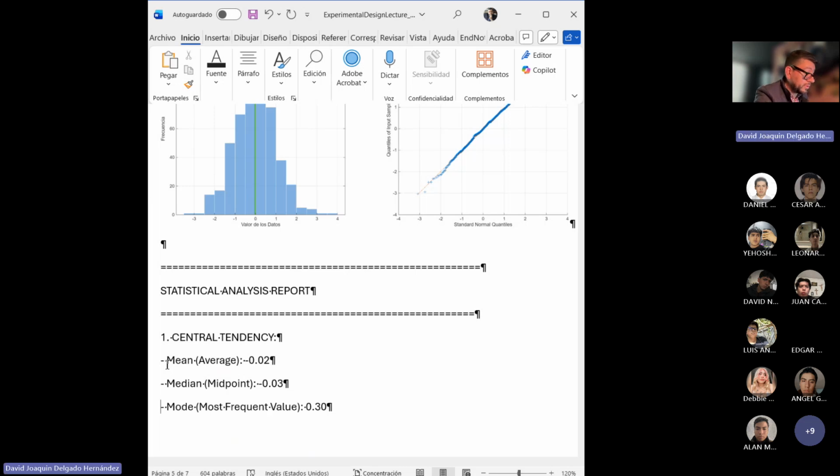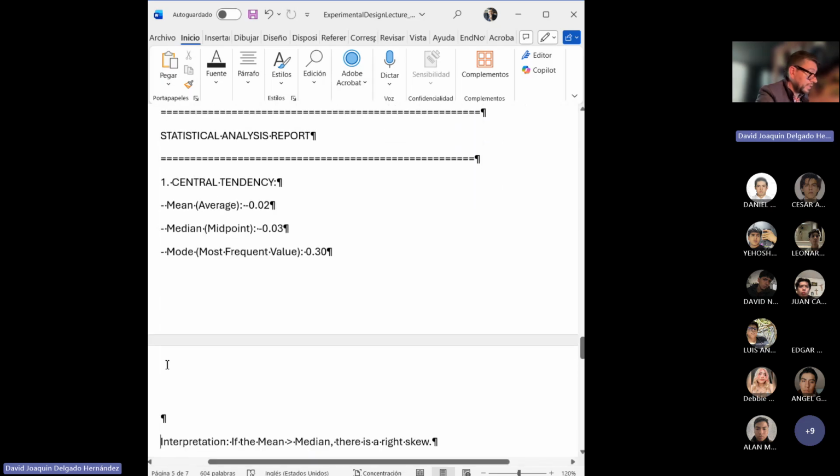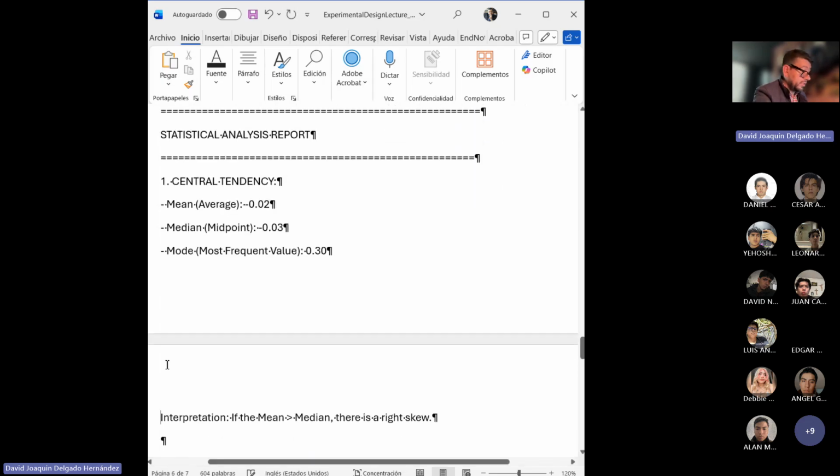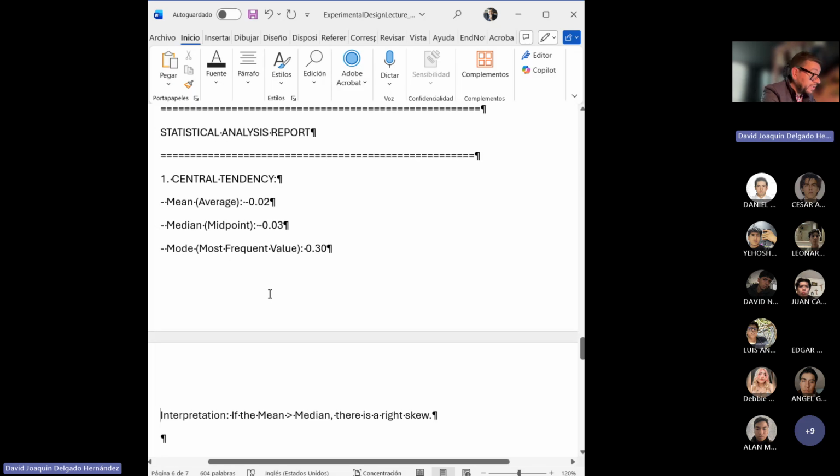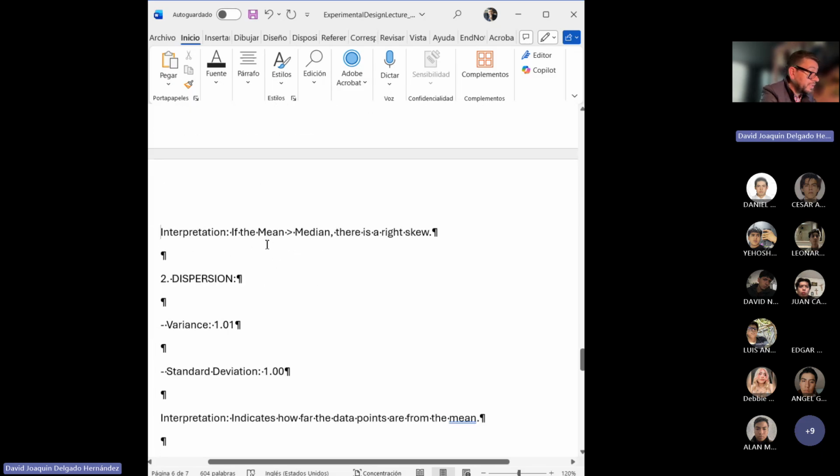And the mode corresponds to the value of 0.3. Okay, that is the central tendency. So in this case, in the interpretation, if the mean is greater than the median, there is a right skew. In this case, it is not happening. So it is centered just at the median value.